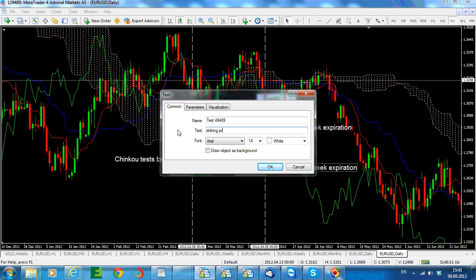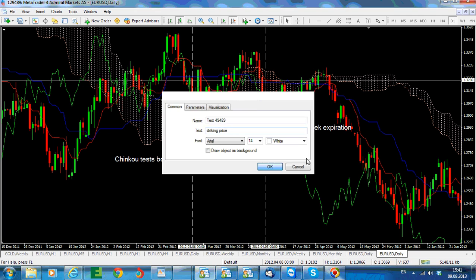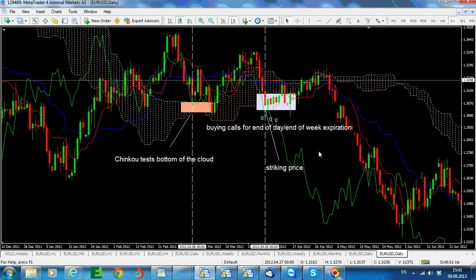your striking price would be here. So basically this is the price you bought the option for, the striking price, and the expiration will be at the end of the day right here. And in this case, this turns out to be a profitable binary option.